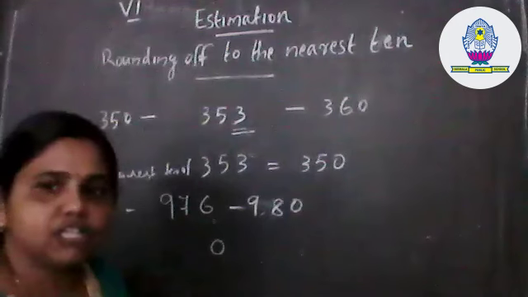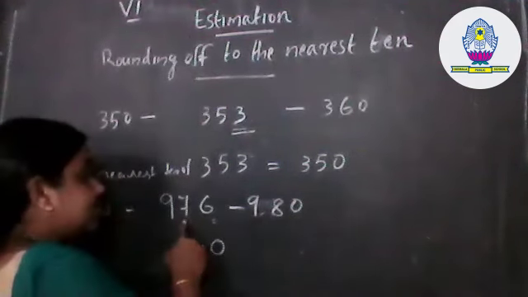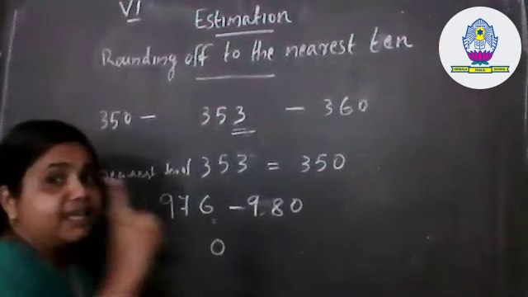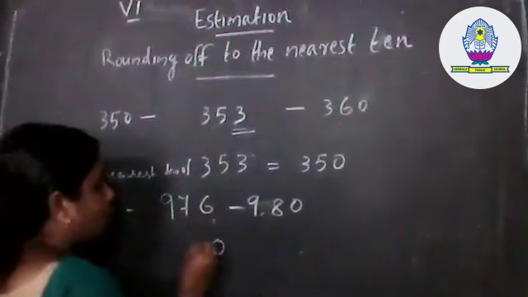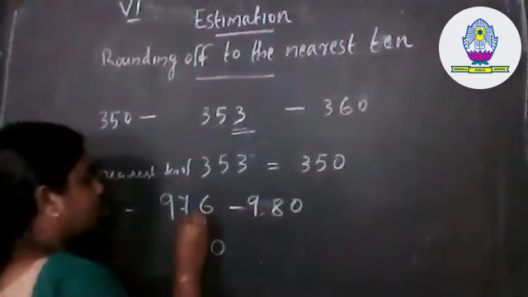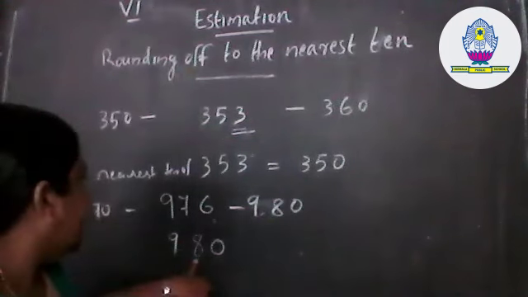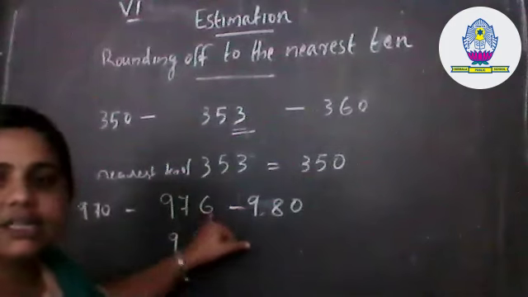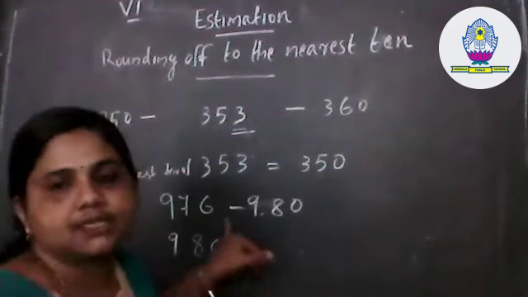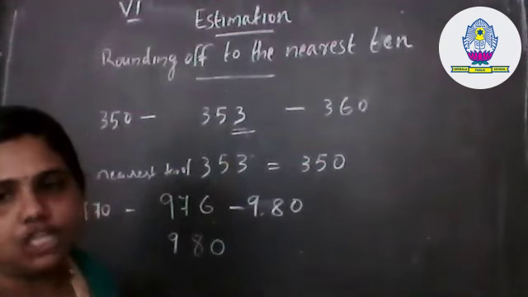The digit in the ones place is replaced by 0, but the digit in the tens place is increased by 1. The tens place in the number ഒരെണ്ണം കൂട്ടുക. 7 കൂടെ കൂട്ടി 8. ബാക്കിക്കൊന്നും മാറ്റമില്ല. So the nearest 10 of 976 is 980. 976 നോട് അടുത്ത് നിൽക്കുന്ന 10 എന്ന് പറയുന്നത് 980 ആയിരിക്കും.